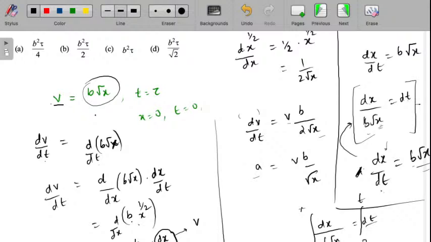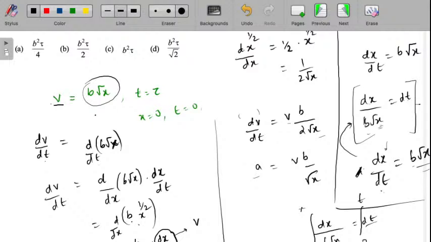So we can know from here that x is 1 by 2b into t whole square, that's t square by 4b square. That is x. With the limits used up here, 0 to x, x would be t square by 4b square. If I have to find the value of v, then that's dx by dt.